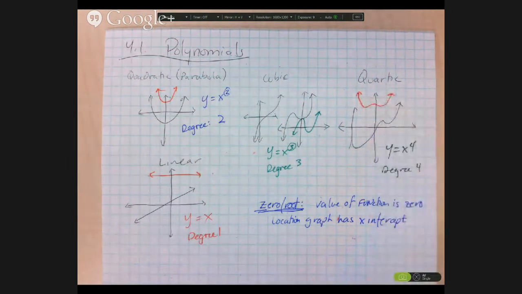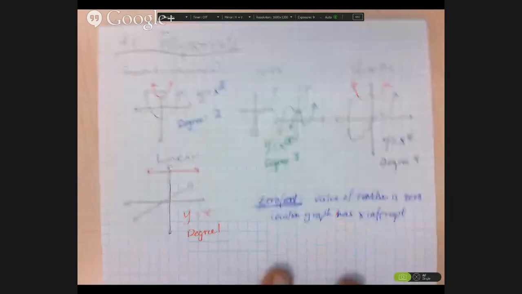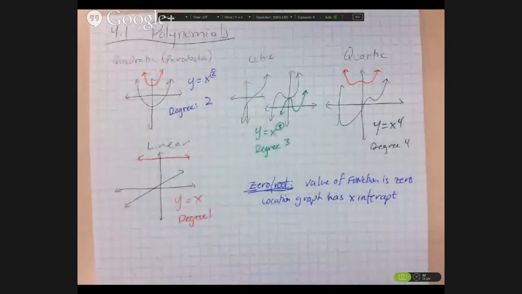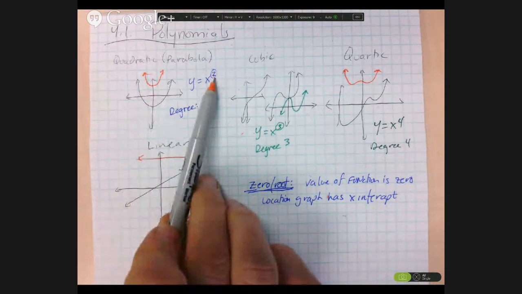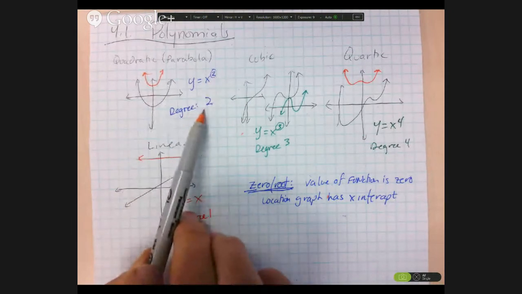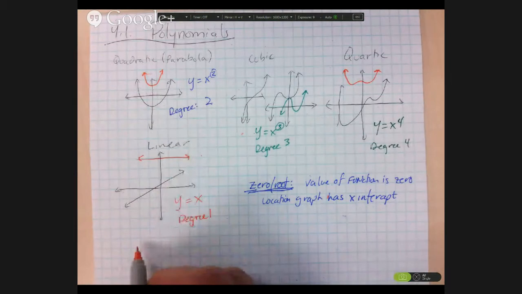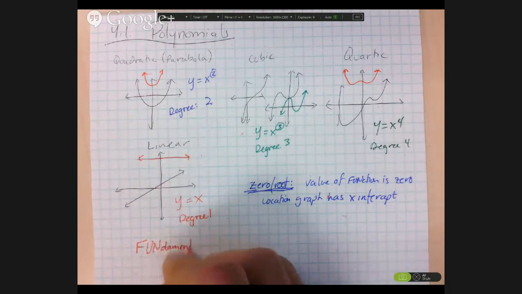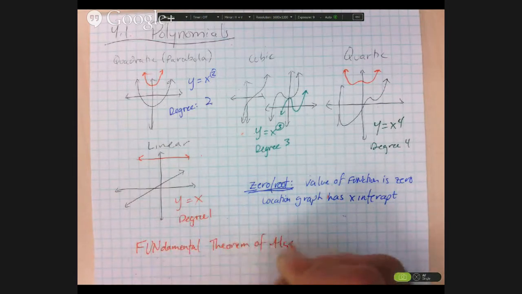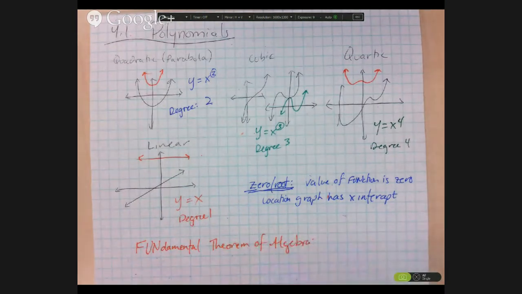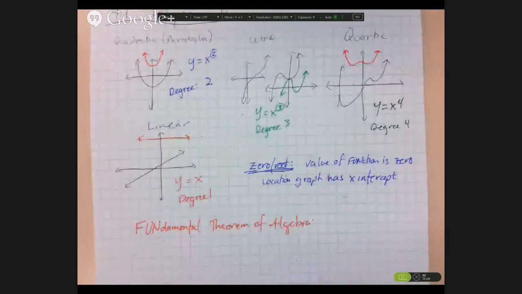Okay, so what you're seeing an illustration of is the fundamental theorem of algebra. Okay. We can have up to 2, so the degree of a polynomial. Oh, we have another fun theorem. This is not word for word, okay?